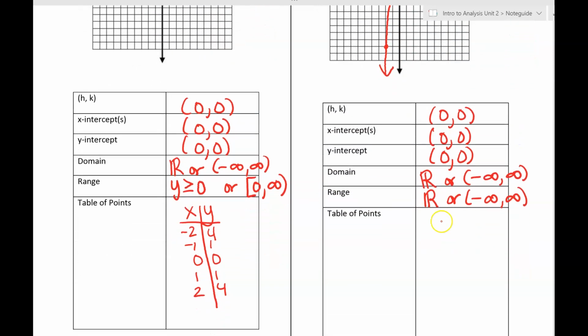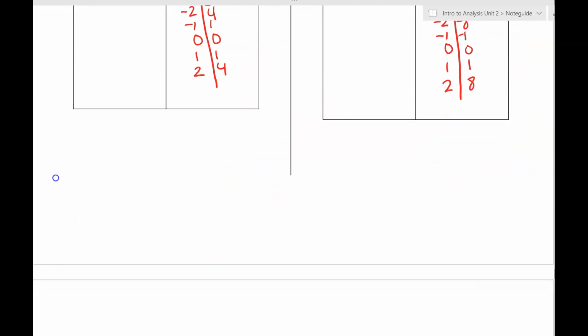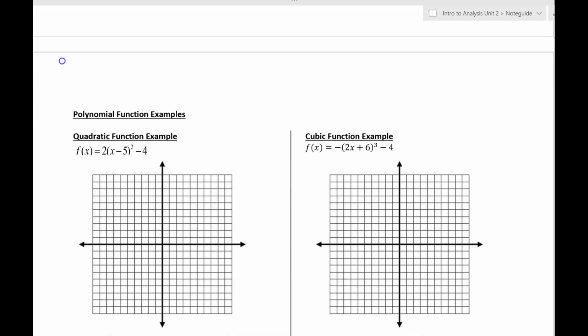And again, we just created that table of points. And so we really want to connect to this table of points as our kind of starting parent function for those cubic graphs.